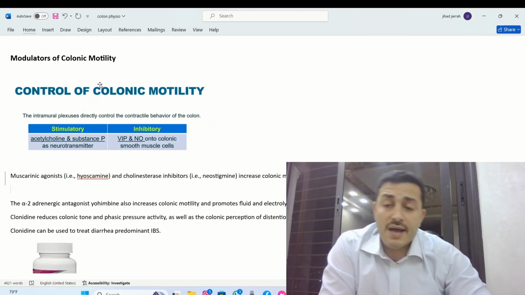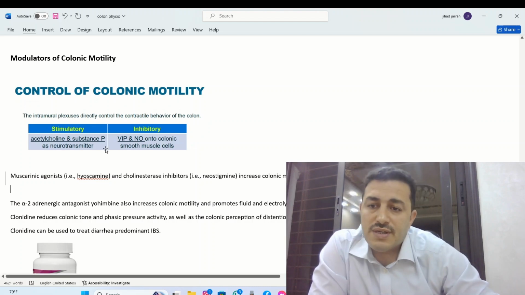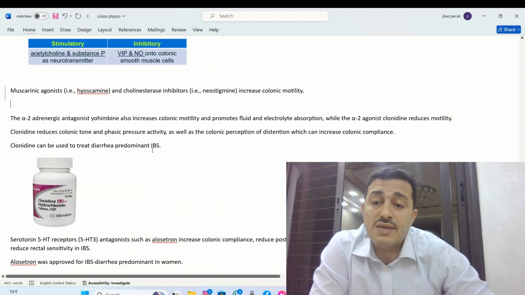And we discussed much of this information in the lecture on irritable bowel syndrome. Of these, the stimulatory neurotransmitters are acetylcholine and substance P, and inhibitory neurotransmitters such as vasoactive intestinal peptide and nitric oxide.